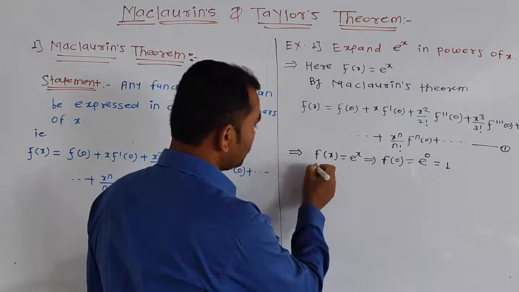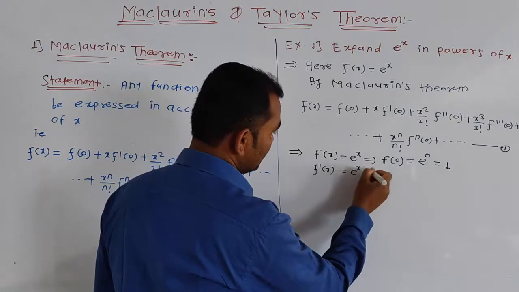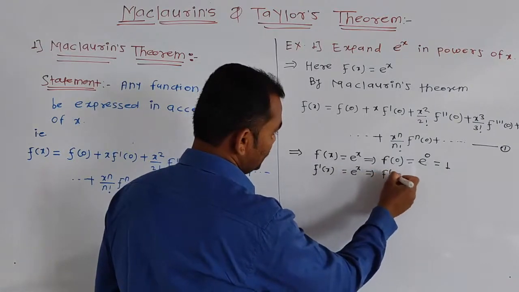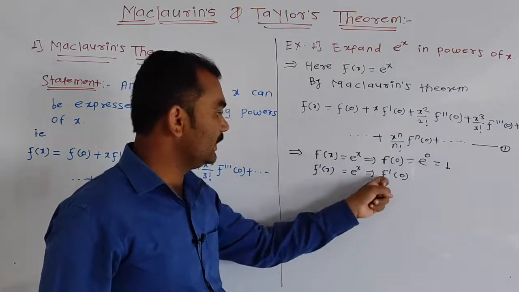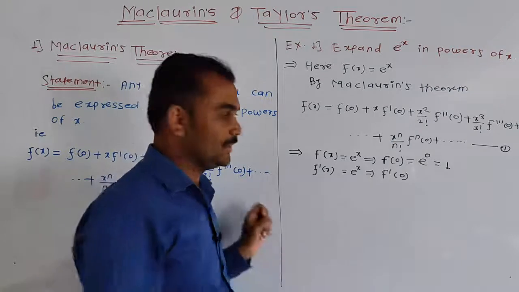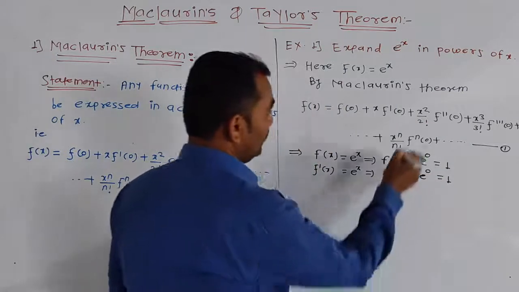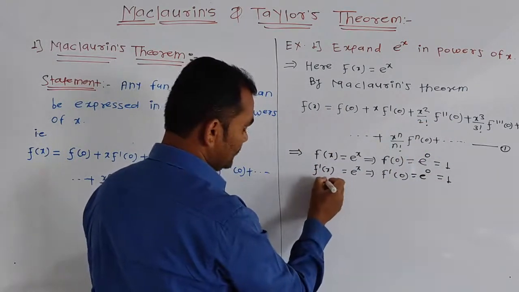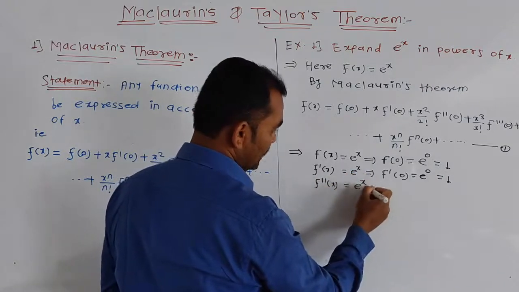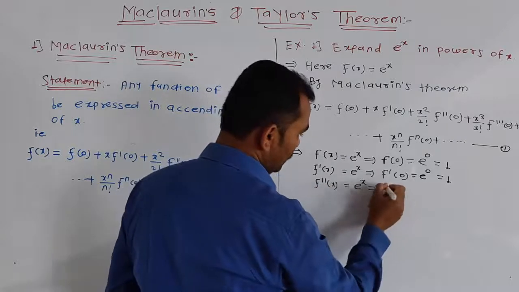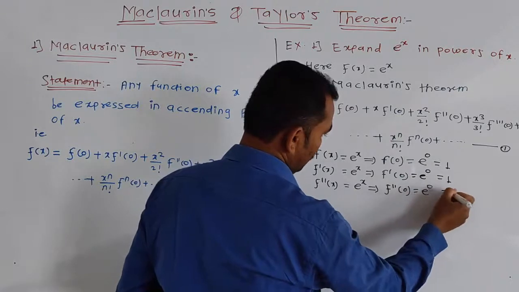Now same, find f dash of x. f dash of x is equal to the derivative of e raised to x, then f dash of 0. First find f dash of x, then in f dash of x replace x as 0. We get e raised to 0, this is also 1. Then take the second derivative, that is f double dash of x. The second derivative of e raised to x is the same, e raised to x. Then replace x as 0, f double dash of 0 is equal to e raised to 0, which is 1.